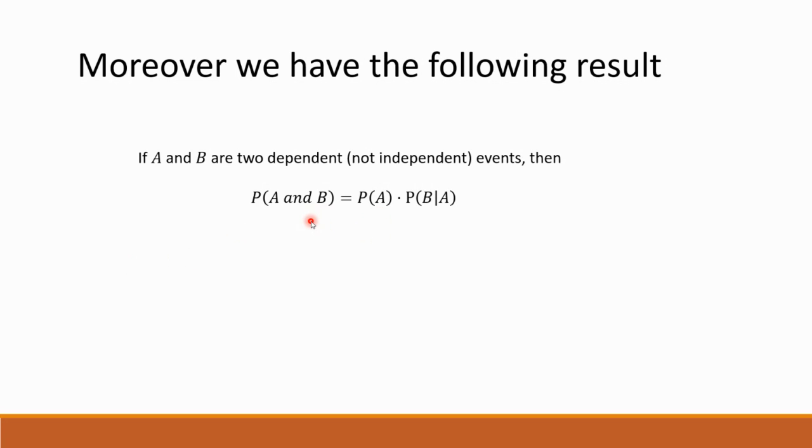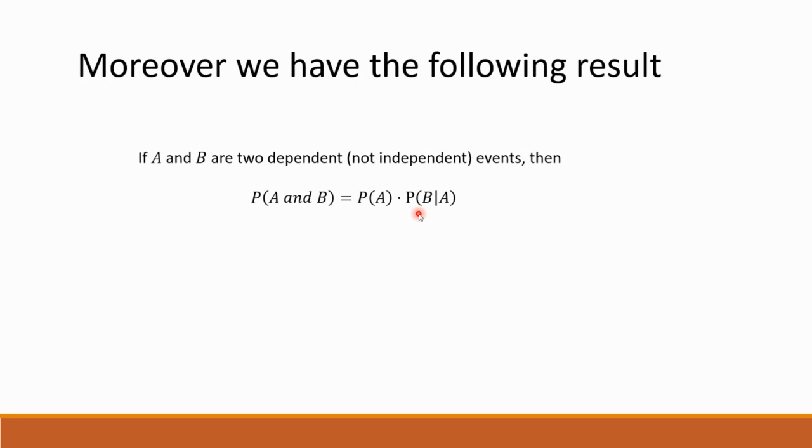The probability that both A and B occur, if they're dependent, is equal to the probability of A times the probability of B given A. So you have to find some conditional probability in this case.